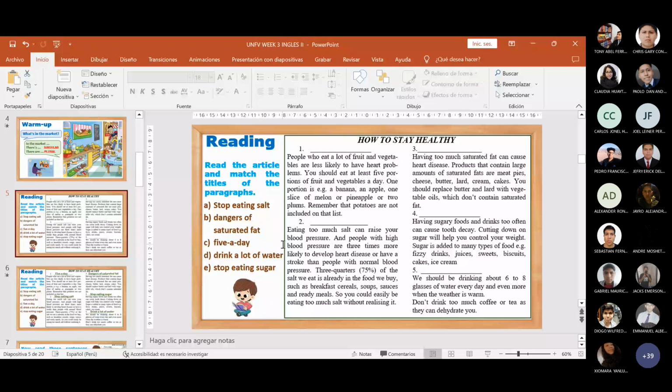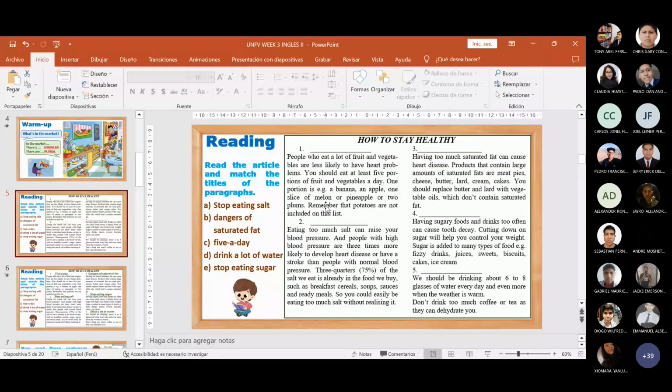For example: People who eat a lot of fruit and vegetables are less likely to have heart problems. You should eat at least 5 portions of fruit and vegetables a day. 1 portion is a banana, an apple, 1 slice of melon or pineapple, or 2 plums.